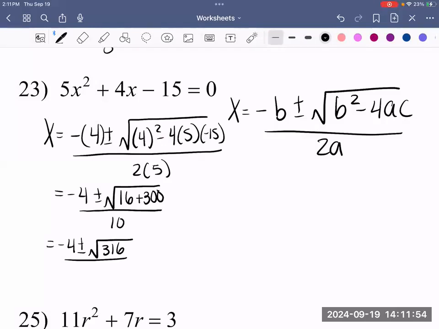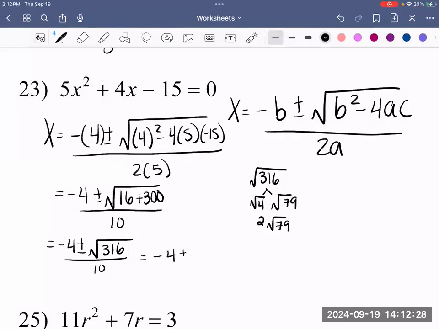316 over 10. Now 316, being a positive number, we can try to find a perfect square in it. A perfect square that it has in common is a 4. So we can get 2 root 79. And 79, I do not believe has anything in common, so we'd have to keep it that way.